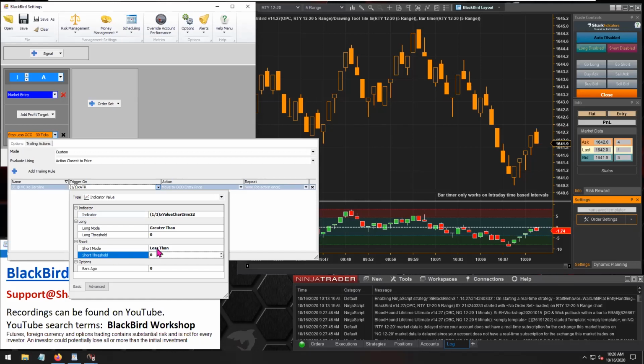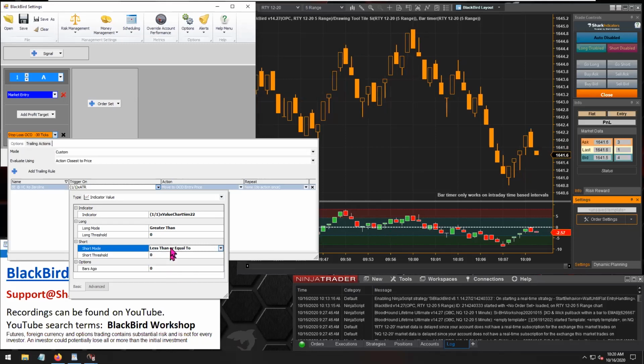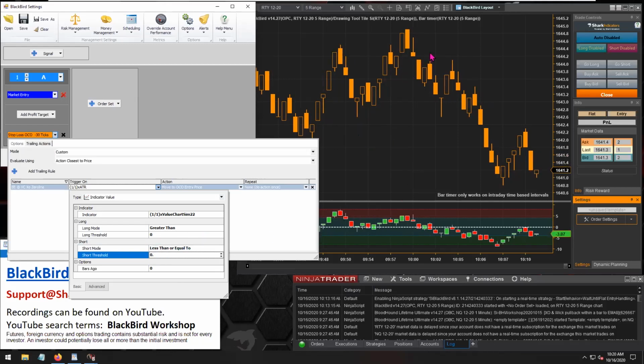We're looking for the low value of the bar to be less than, or actually probably less than or equal to 0, right? And if it is a long trade, we're looking for the high of the bar to be greater than or equal to 0 as well to move it, right?